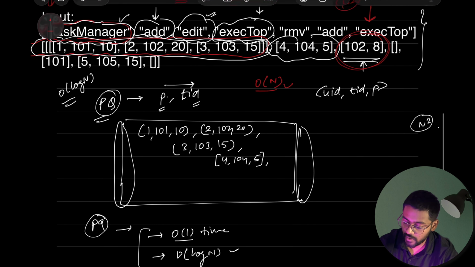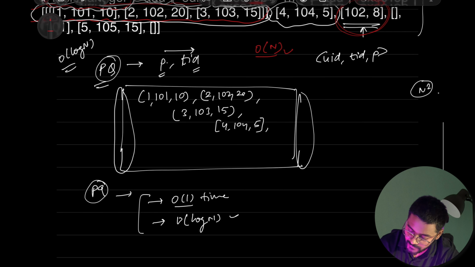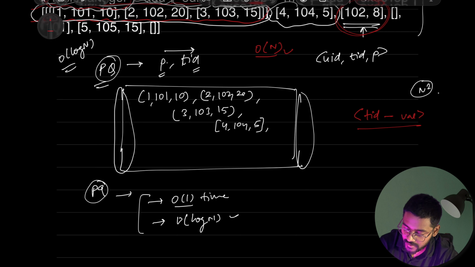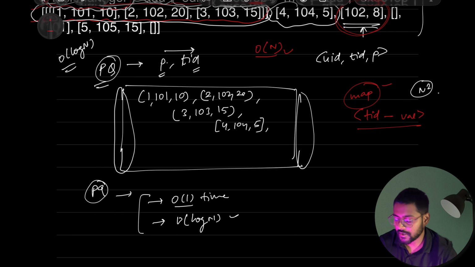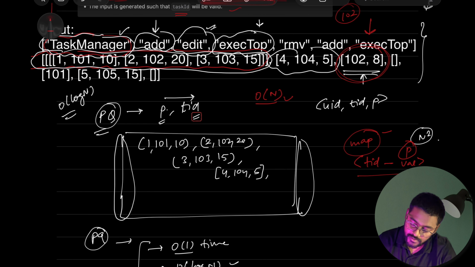I would be requiring some kind of faster data structure so that I can access the task in an efficient manner. So for that, against the task ID, I need to get some value. If I just directly create a map with a task ID and a certain value, and let's say the value is the priority for now, then editing in a hash map is a constant operation.